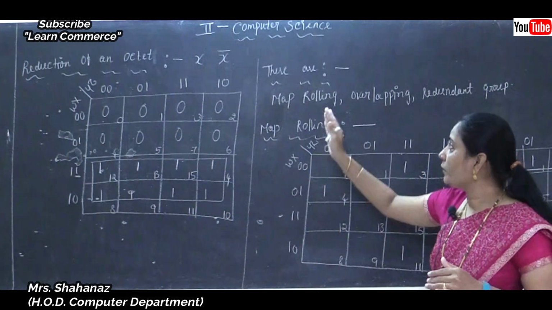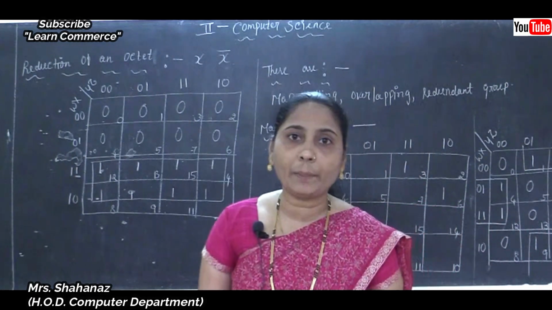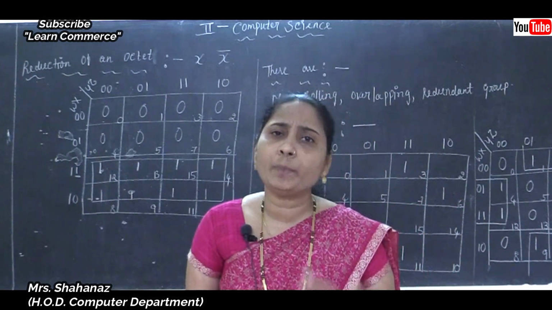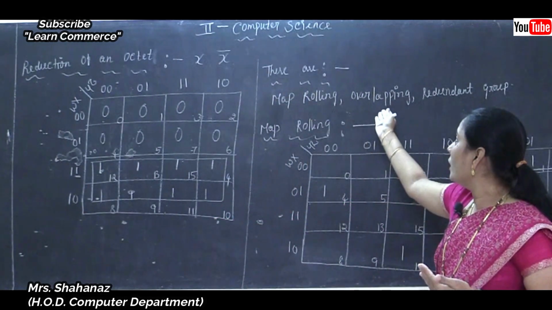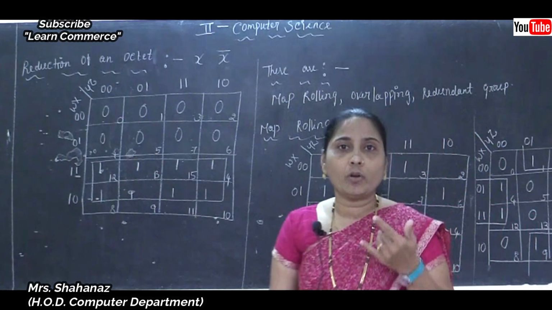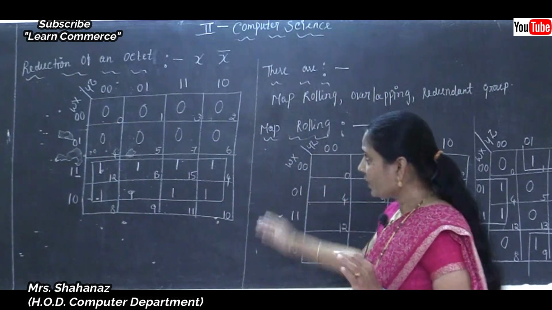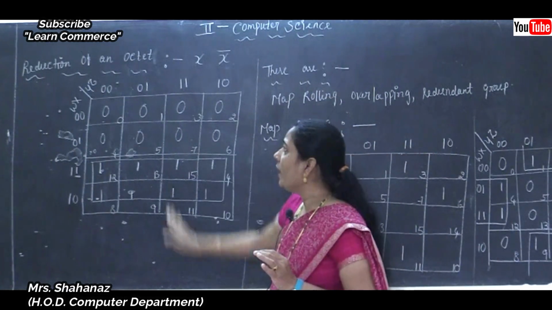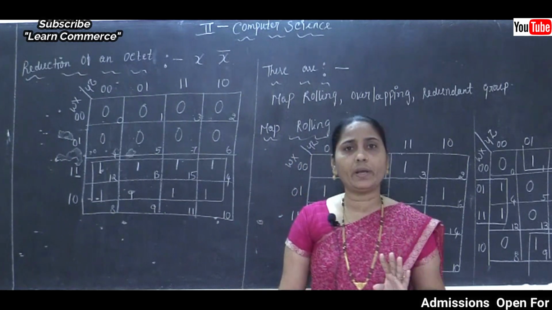Later, after the octet, we are going to study map rolling, overlapping and redundant groups. But before that, let's first think about our octet. Now it is one simple example. In our example, 4 variables are there.